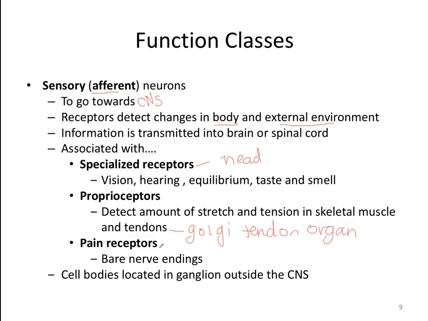And you even have a class of neurons that is only for pain detection and for no other purpose, and these tend to be bare nerve endings. The cell bodies of sensory neurons are located in ganglia outside of the CNS. So one particular ganglion would be the dorsal root ganglion, which you'll see later.